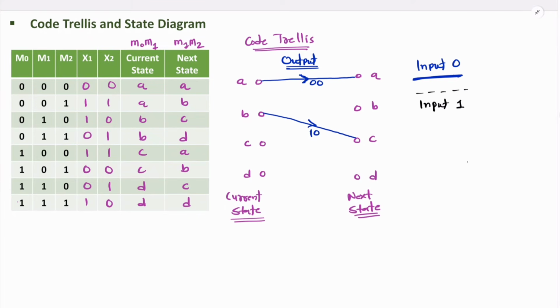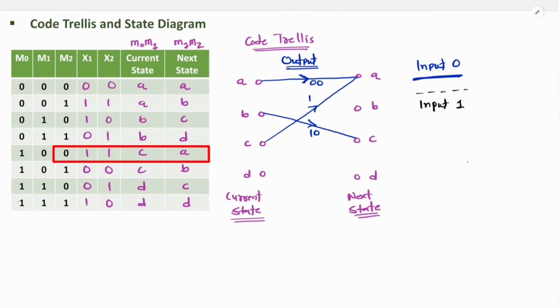Now let us consider here we have state C and input is 0. So state C, input is 0, next state will be A. So current state is C, input 0 means solid line, next state will be A. Along with the direction, you need to write output, that is 1 1.